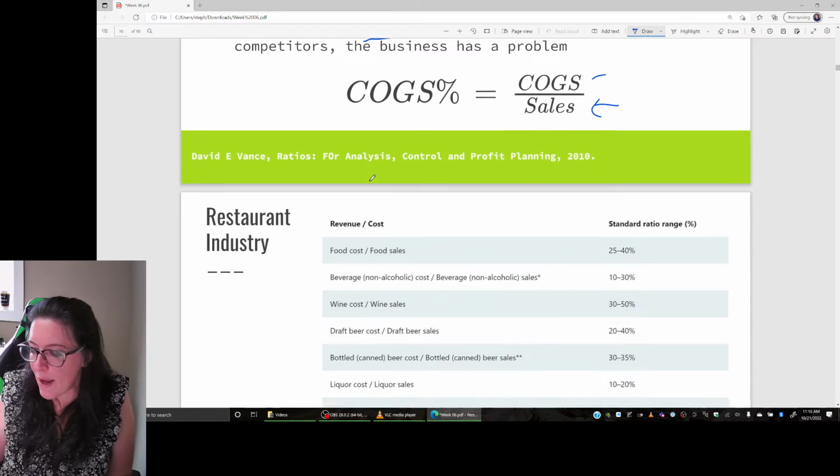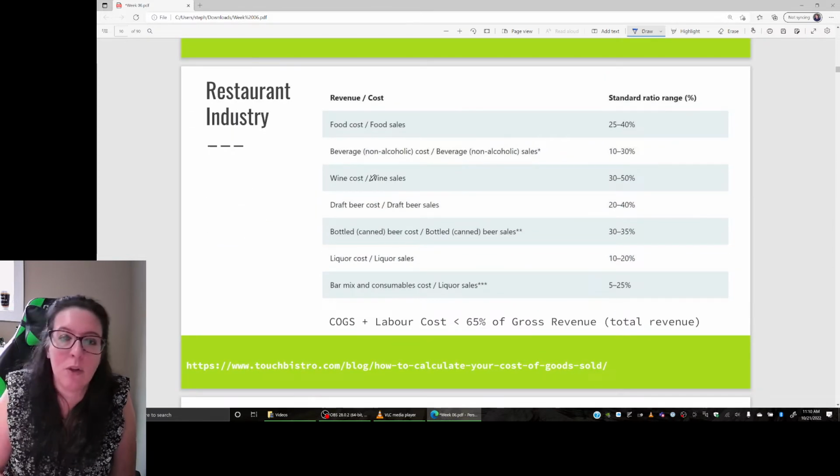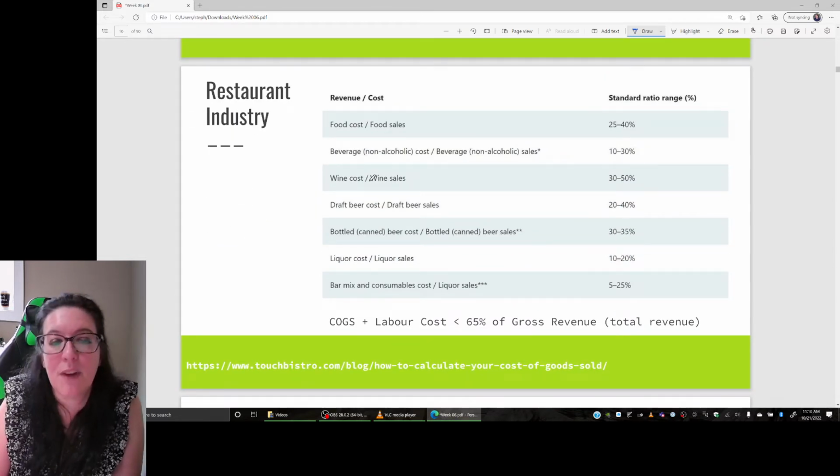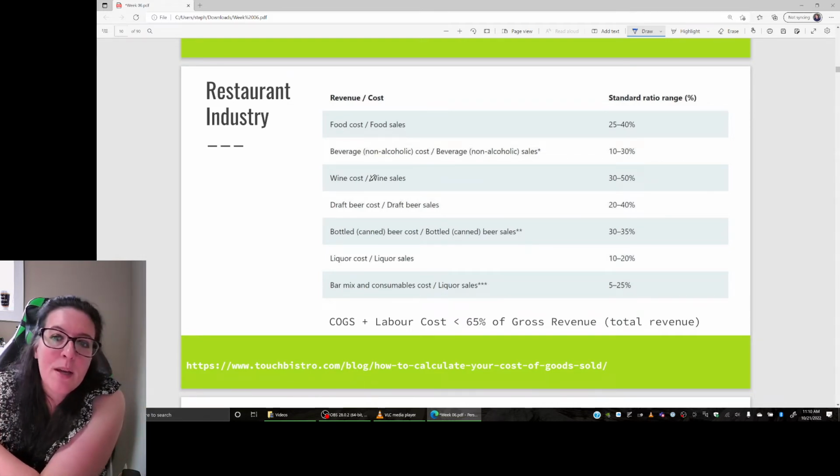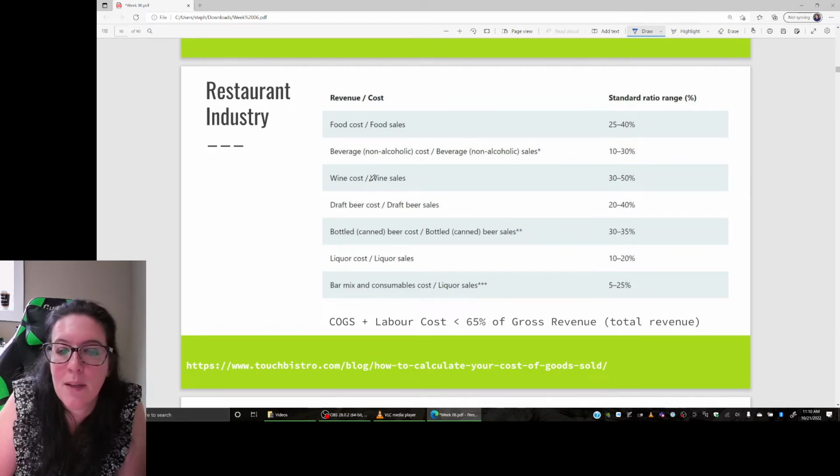If you are in the restaurant industry, for example, you can look at those specific costs relative to your sales. So if we look at just the costs associated with food compared to sales, then typically in the restaurant industry, it's about 25 to 40% of your sales goes to your food costs.